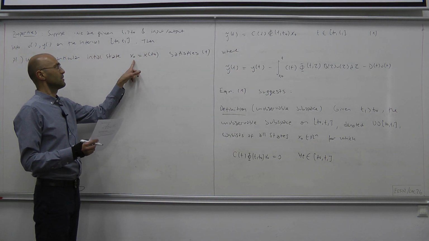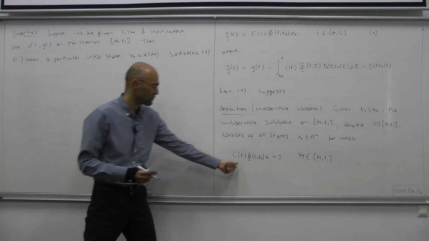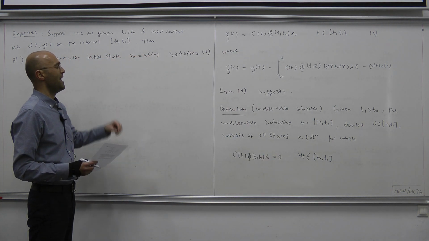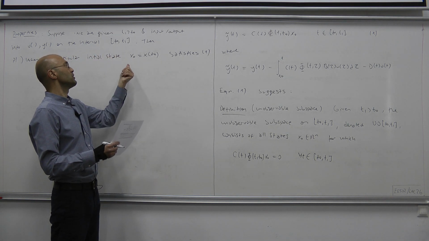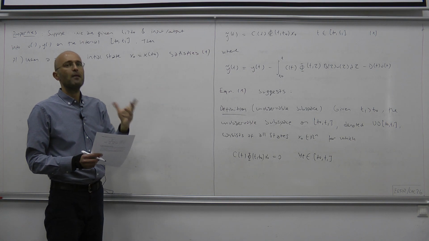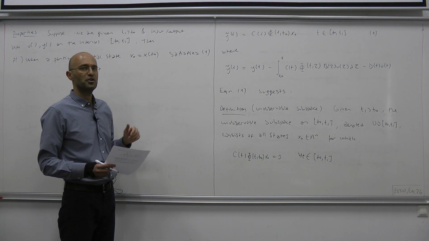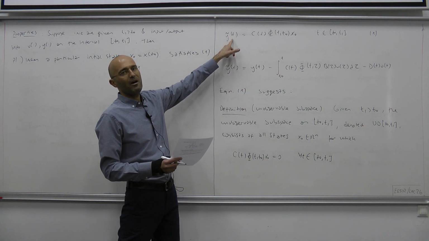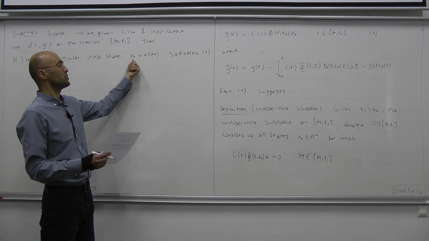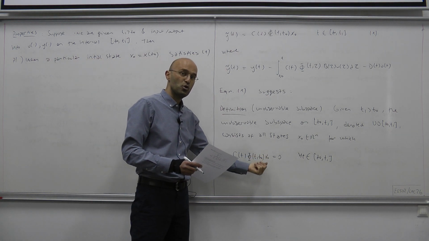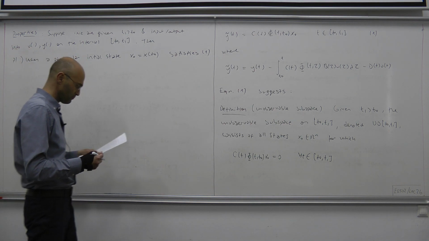Now you take any element from the unobservable subspace, which satisfies this for all t from t0 to t1, and add that element to your initial condition. Your new initial condition is x0 plus x sub u, where x sub u is coming from the unobservable subspace. Then that new initial condition will still produce the same output. That's why you won't be able to determine whether the initial condition is x0 or x0 plus xu, where xu is an arbitrary element from the unobservable subspace.